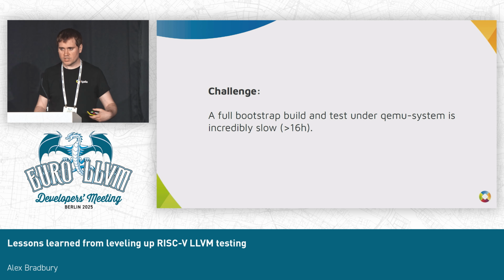So the solution I've ended up at, which I think could actually be quite helpful for others, I've written about it a bit on my blog, and all the scripts needed for it are in LLVM-Z. So we do a cross-compilation and then spin up an appliance virtual machine.